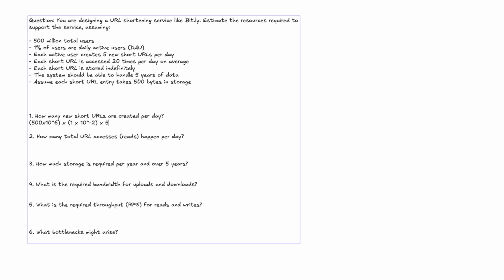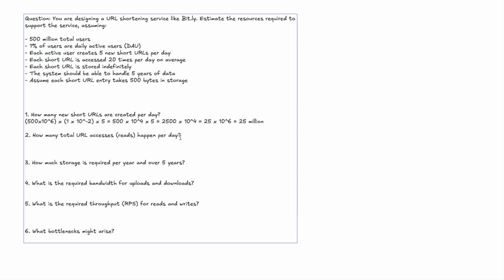So we have 500 times 10 to the 4th times 5, which is equal to 2,500 times 10 to the 4th, which is equal to 25 times 10 to the 6th new URLs created per day.